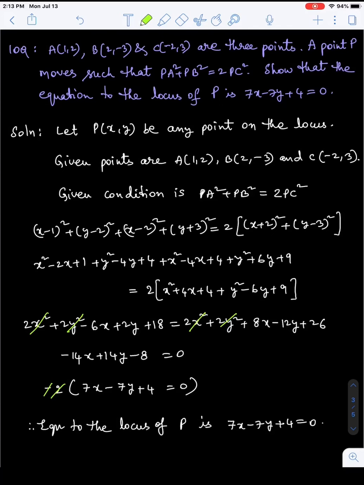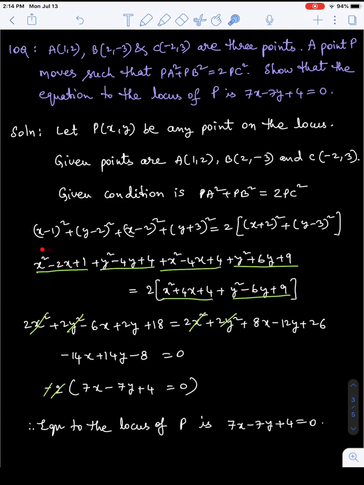Here also, like the previous problem, when we expand every binomial, we are getting these terms. We can see them like this. That is x square minus 2x plus 1, y square minus 4y plus 4, x square minus 4x plus 4, y square plus 6y plus 9 is equal to 2 into here x square plus 4x plus 4, and here y square minus 6y plus 9.